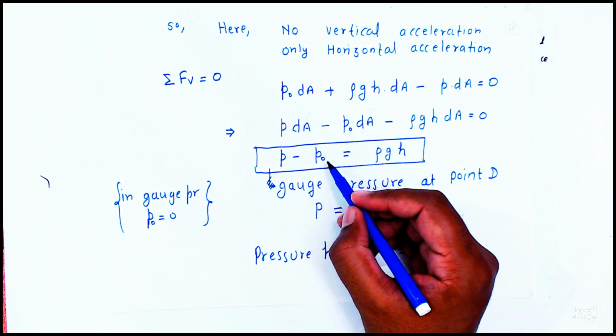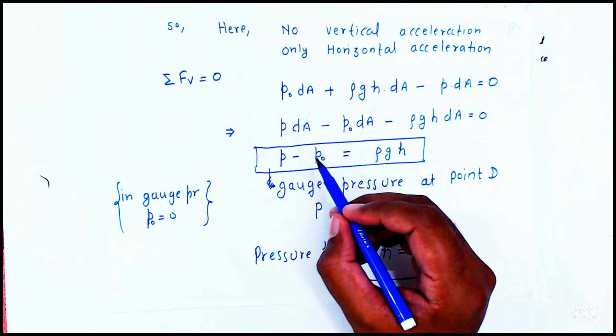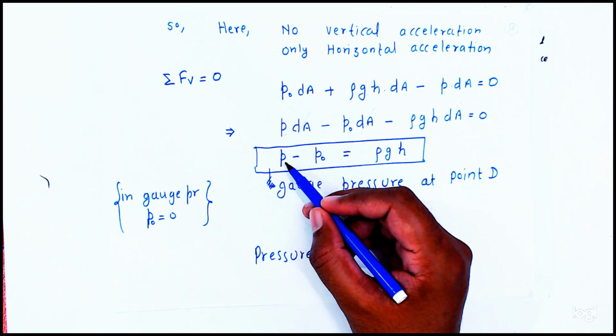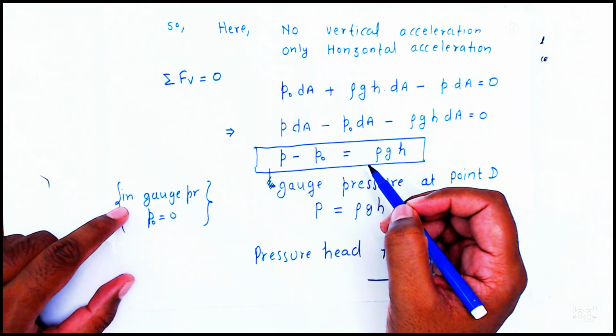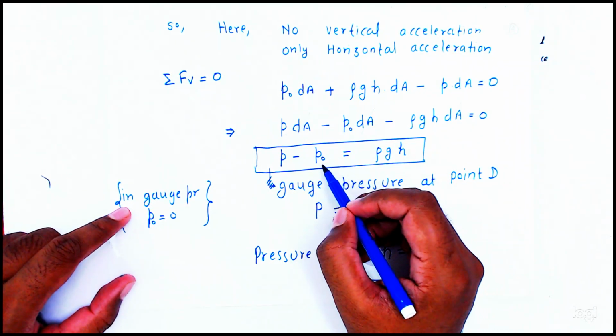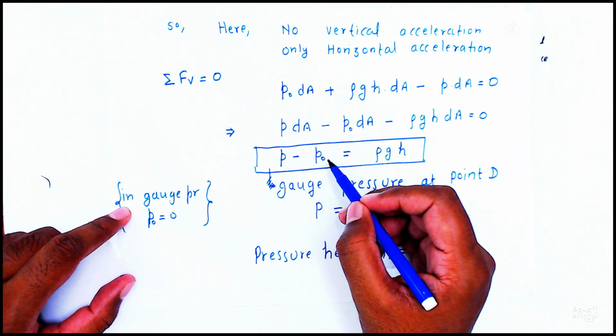Friends, here this is the atmospheric pressure, and this is the pressure at point D. So friends, if you are taking the gauge pressure, what happens? The atmospheric pressure is 0.